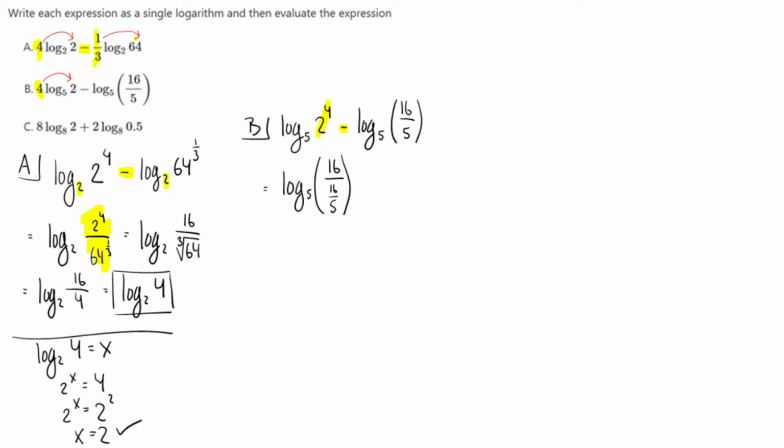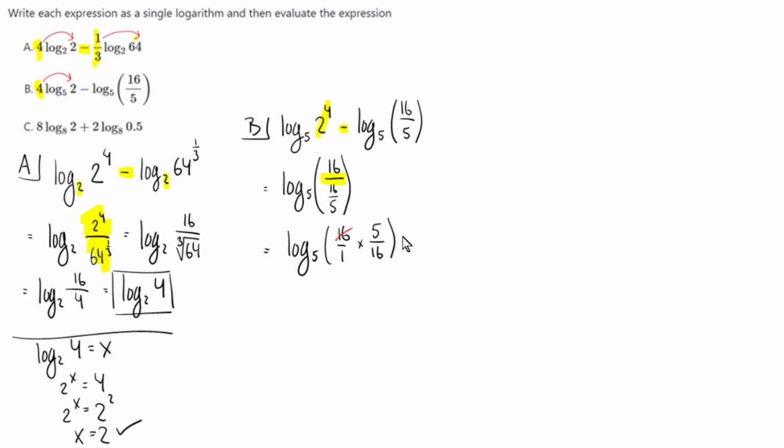Now we have a double quotient here. So we can rewrite this as log 5. We take the numerator 16, write it as a quotient, times, and then we take the denominator, which is 16 over 5, and we take the reciprocal of that. So it's going to be 5 over 16.